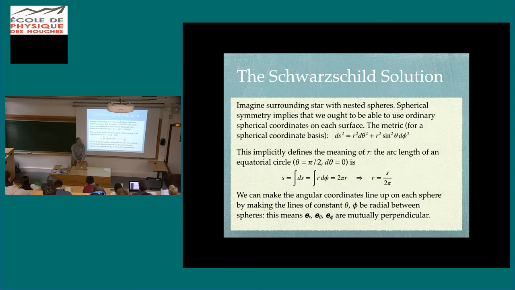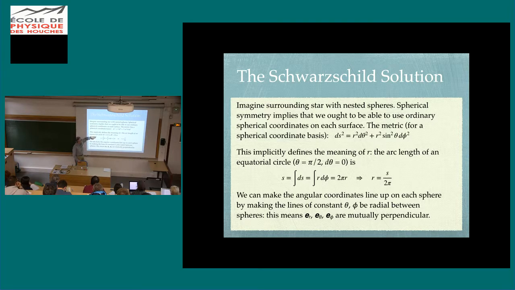That's what it is. So we're going to use theta and phi coordinates, and they're going to mean the same kinds of things that they usually mean on those surfaces. And this implicitly defines what we mean by this thing. We're calling it R, but what does R mean?